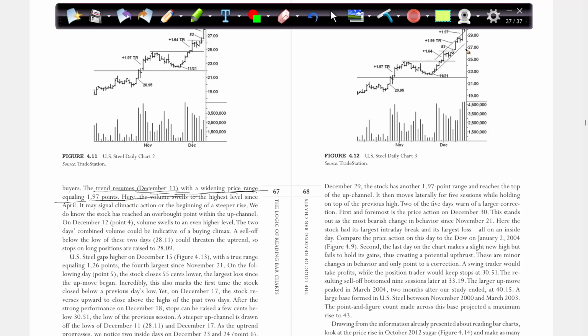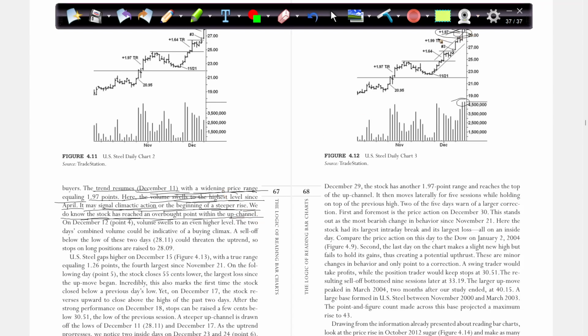Here the volume swells to the highest level since April. It may signal climactic action or the beginning of a steeper rise. We do know the stock has reached an overbought point within the up channel.